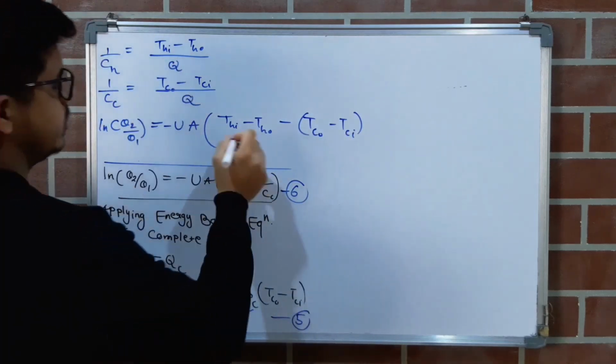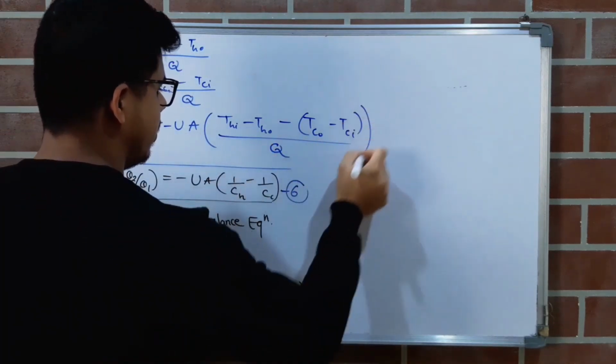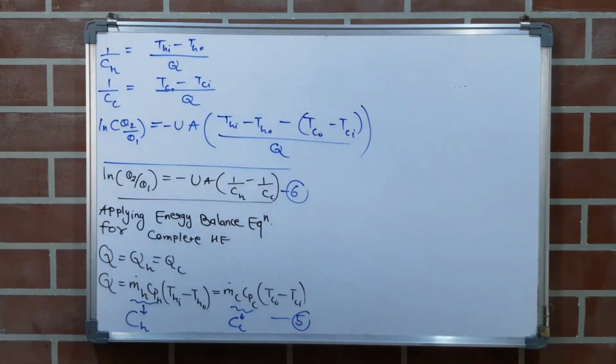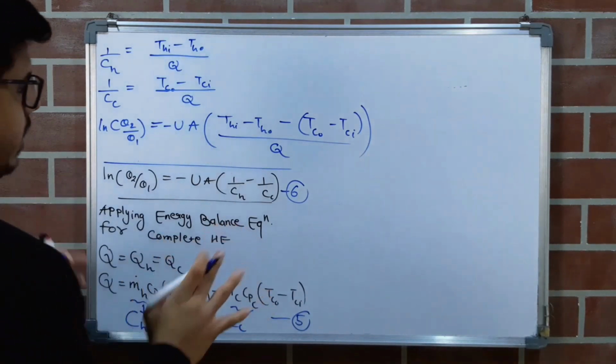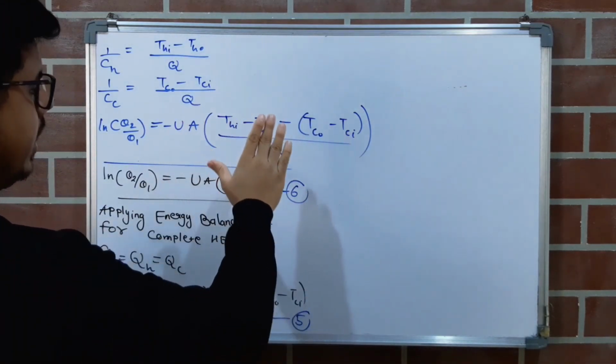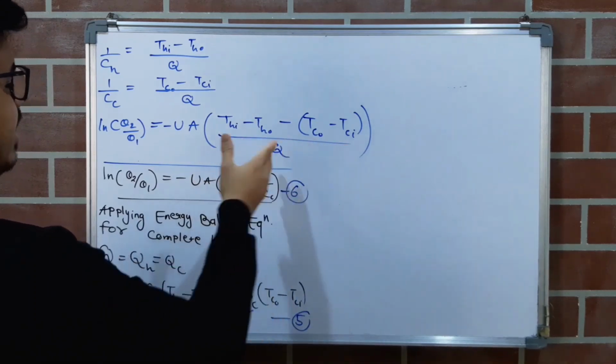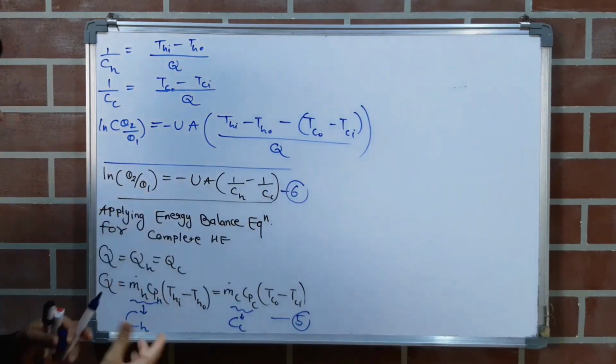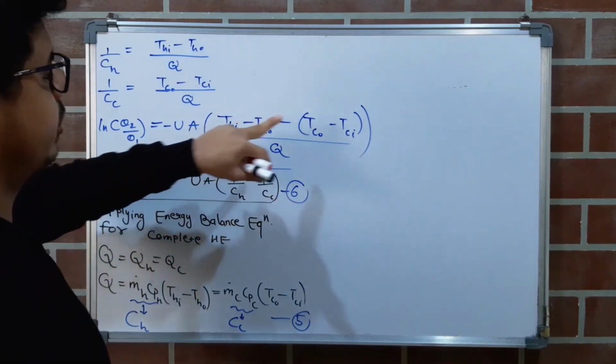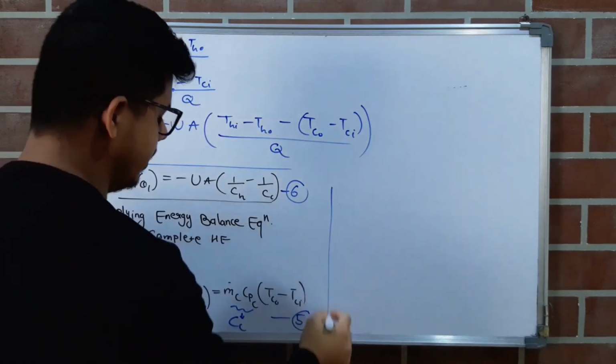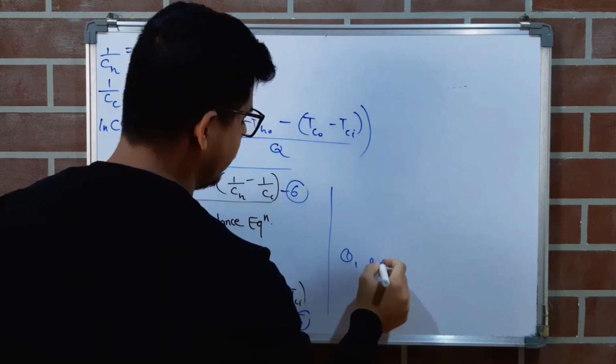The denominator is the same, so I will write Q as a whole. If you observe this equation carefully, Q is common, so I will bring it out of this bracket. Then if you observe the numerator carefully, our theta 1 and theta 2 will come there.